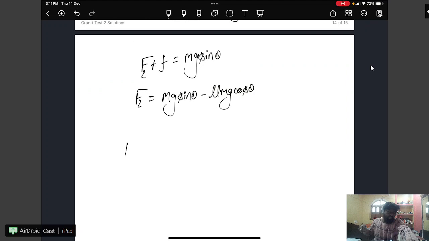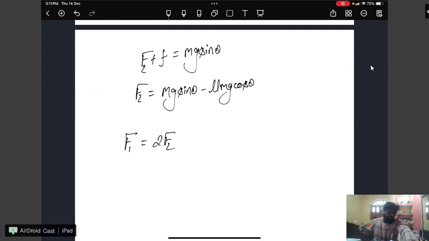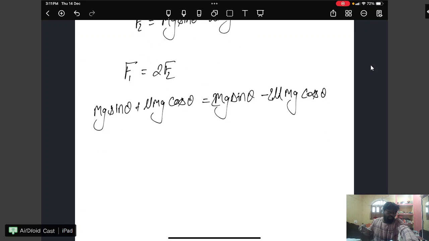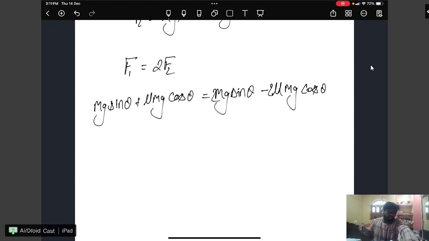F1 is 2 times F2. So mg sin theta plus mu mg cos theta equals 2 times mg sin theta minus 2 mu mg cos theta. Now this will go this side and this will come this side.